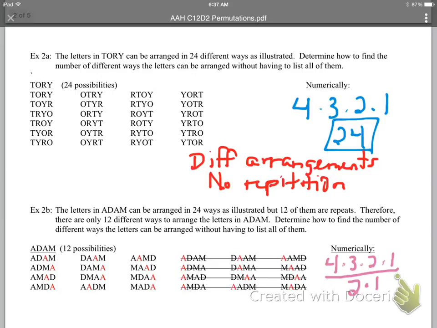The reason we're dividing is the order of the A's doesn't matter. So this is definitely challenging to see. All right, let's go to the next page.